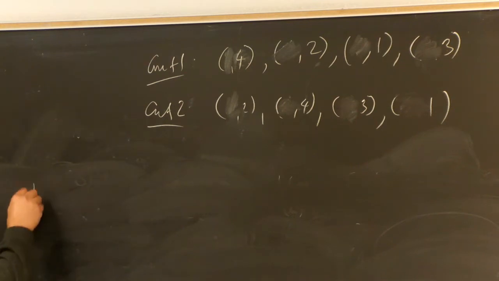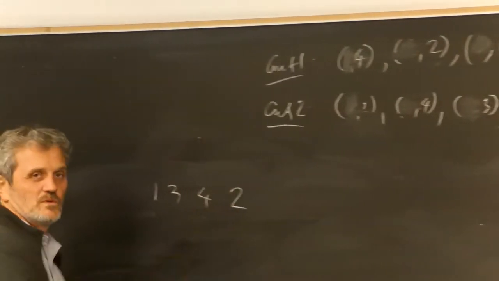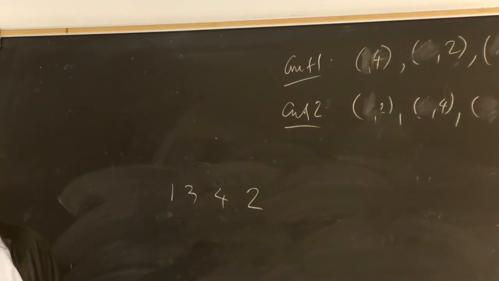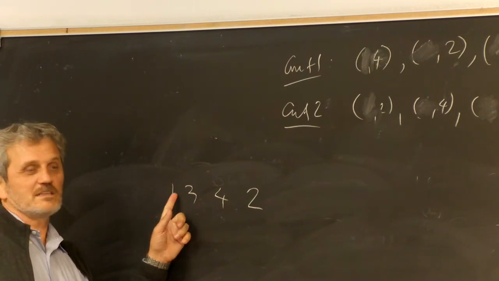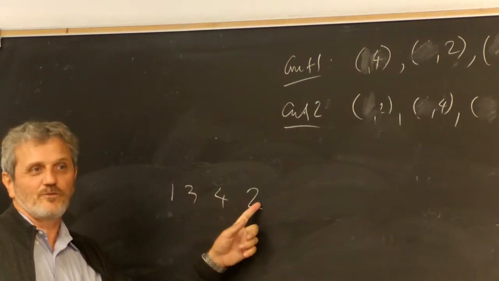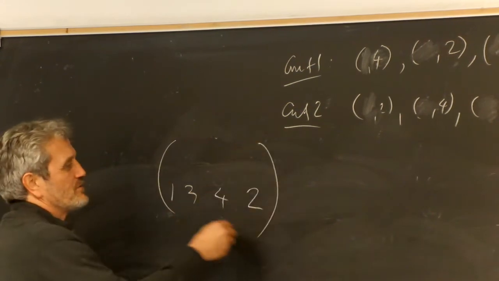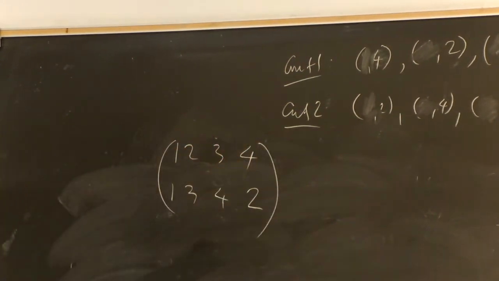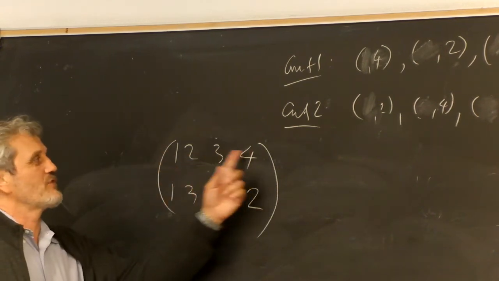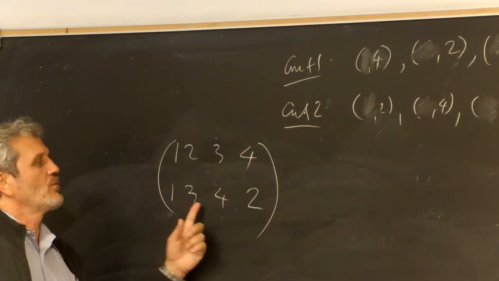When I write a string 1, 3, 4, 2, that's how we see permutations. Is this number 1 first, yes or no? This one's second, this one's third, this one's fourth. So very often people report permutations as functions, when the top row is always 1, 2, 3, 4, and the second row tells you the value of the number.